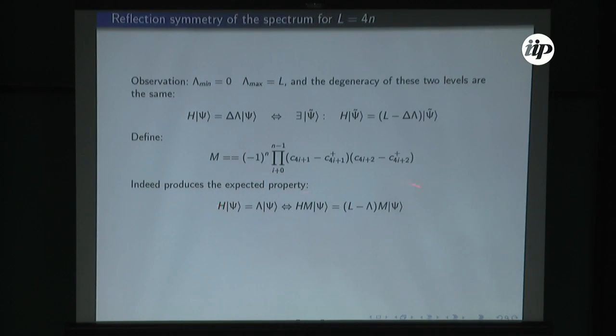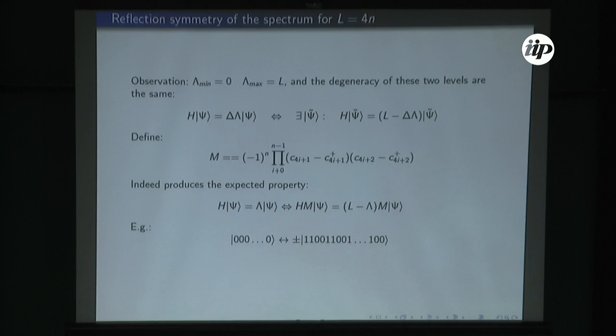The M operator doesn't commute with H, but if there is an eigenstate, then after applying M, you will get back this other state. So indeed this M operator describes this reflection.